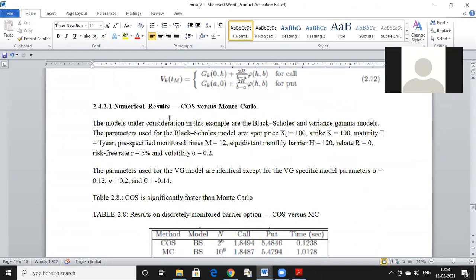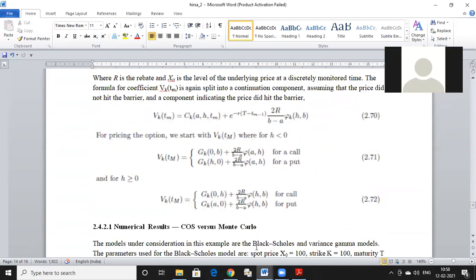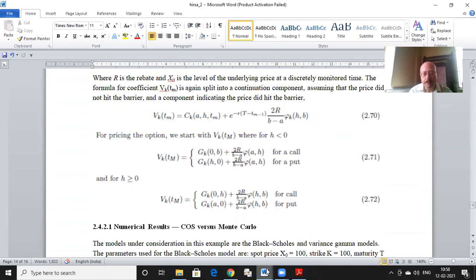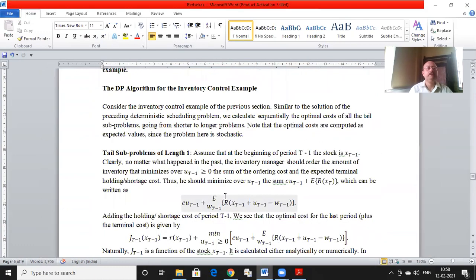Okay. So before I go into this next part of this chapter, let me take a quick detour and tell you a little bit about dynamic programming.